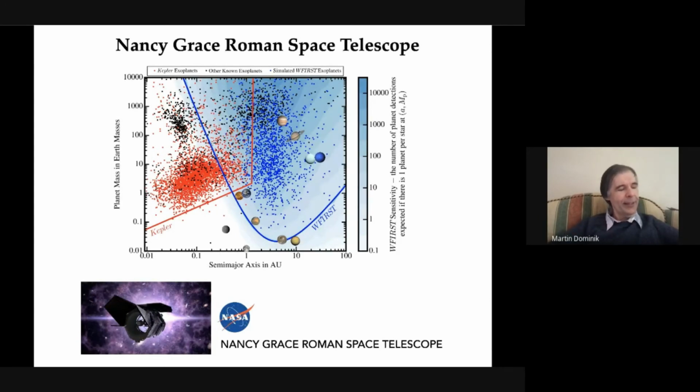With the sensitivity extending down to about lunar mass, analogues of the giant moons of Jupiter and Saturn, such as Ganymede and Titan, become detectable.